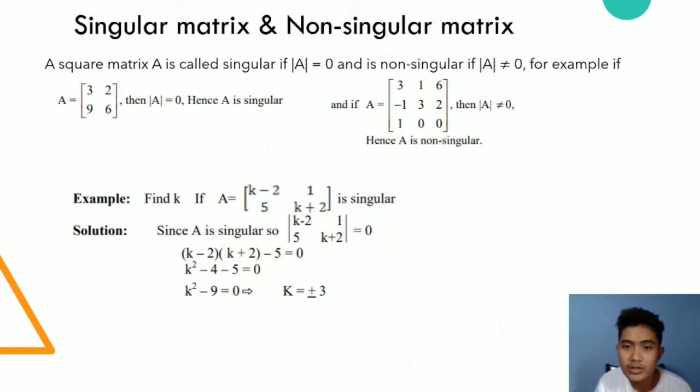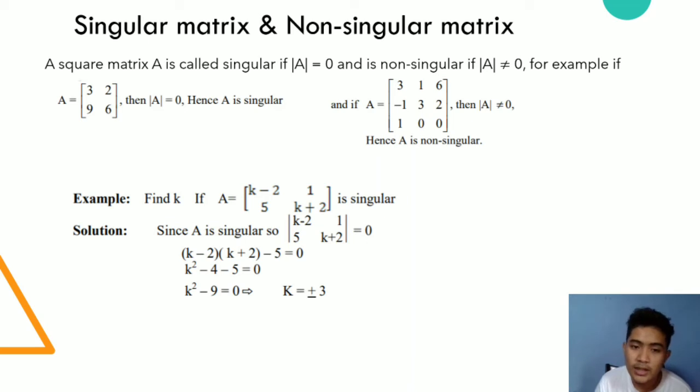And next we get the singular matrix and non-singular matrix. A square matrix A is called singular if det A equals 0 and is non-singular if det A not equal to 0. For example, if A is 3, 9 and 2, 6, then det A equals 0, hence A is singular. And if A is 3, minus 1, 1 and 1, 3, 0, 6, 2, 0, then det A not equal to 0, hence A is non-singular.